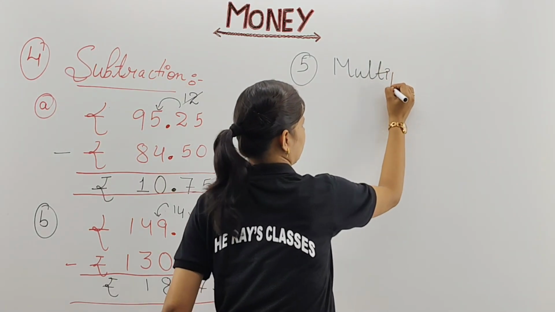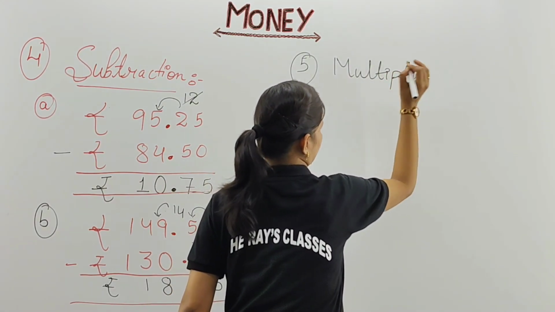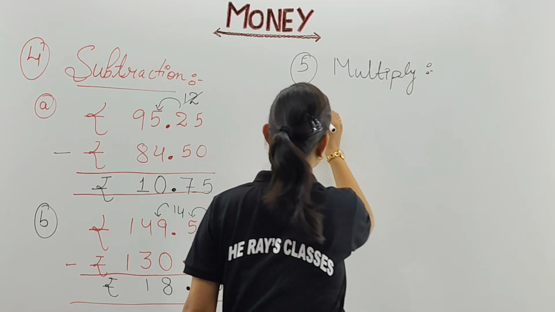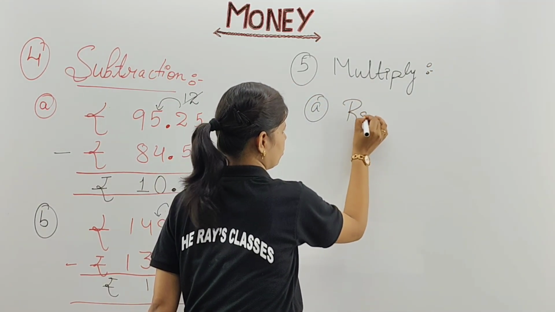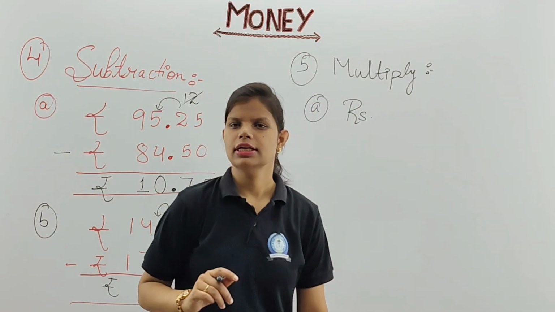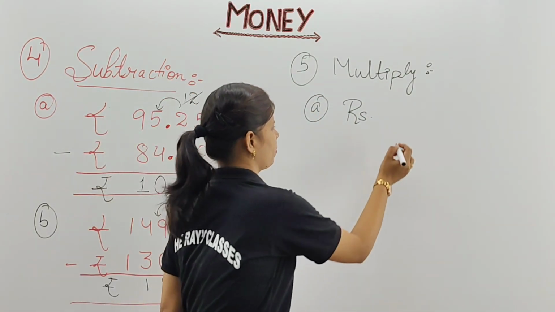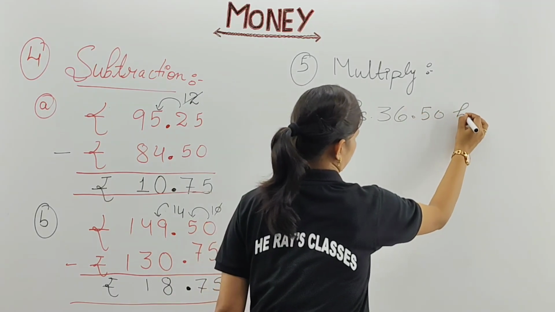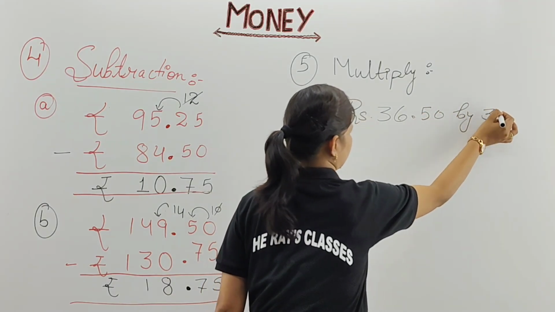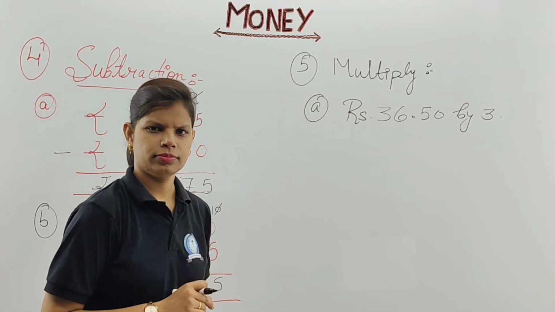Multiply. Easy one if I take rupees 36.50 by 3. If your question is written in this format, clear, no?